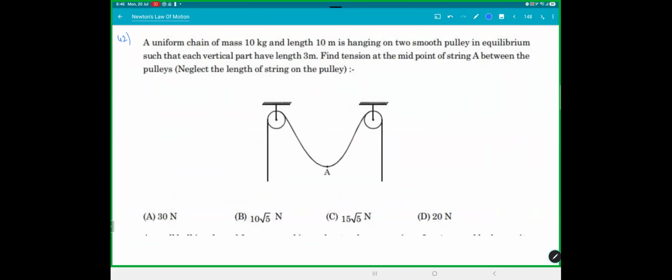Let's get this. Let's give an answer on this.